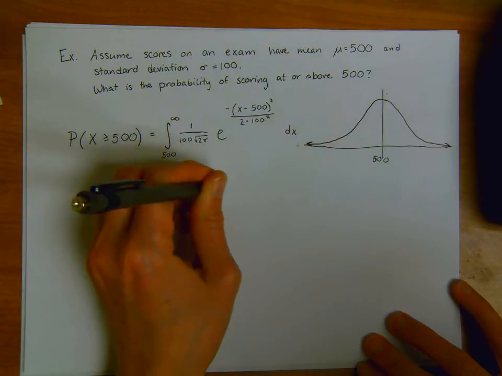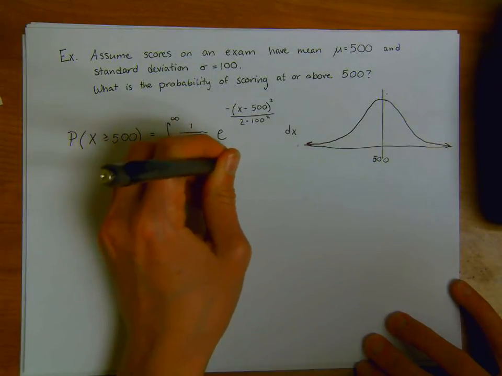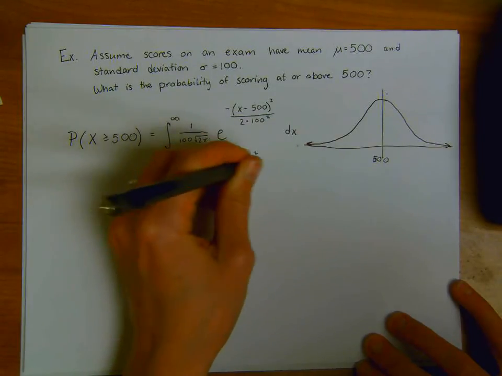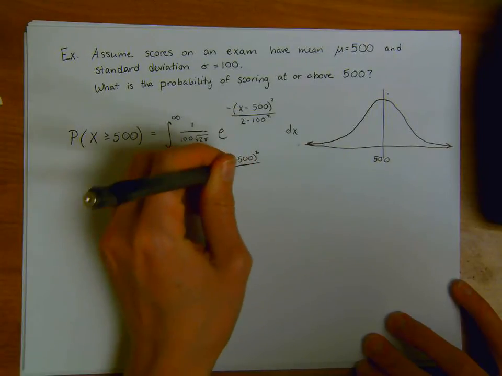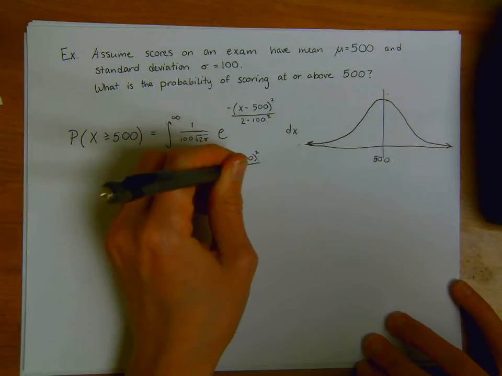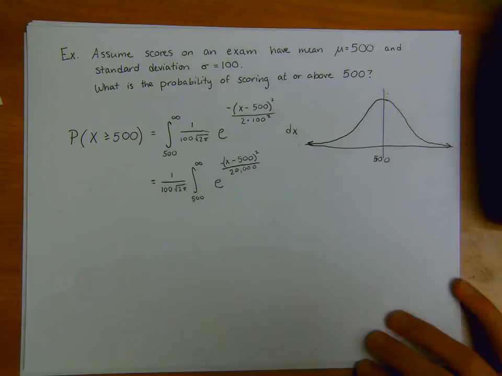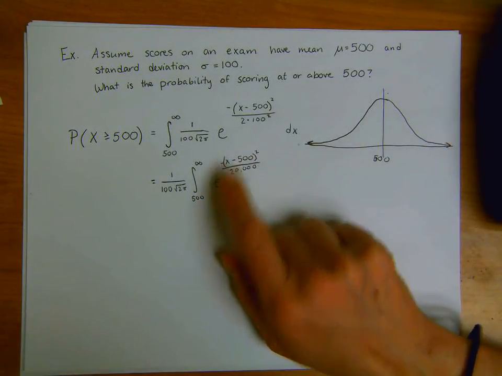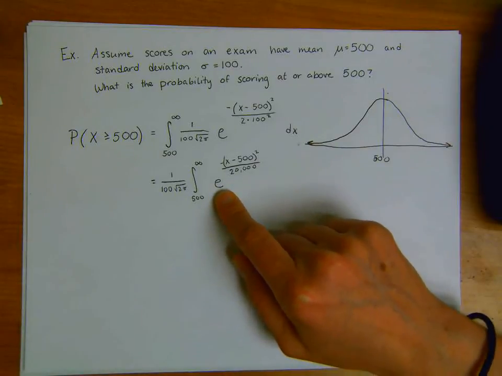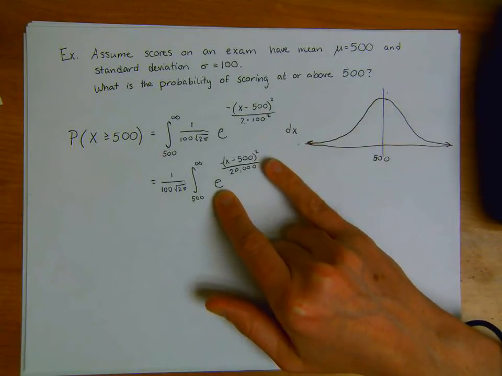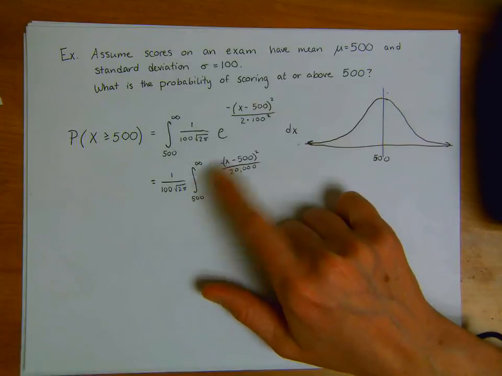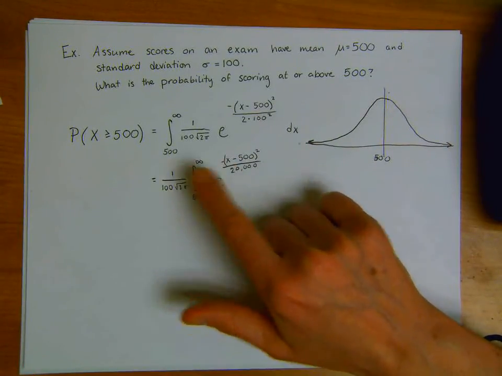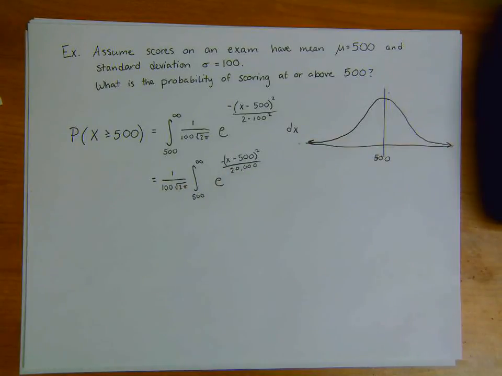One of the problems with this function is that it's not something that is of closed form. Let's see if I can come up with an antiderivative of this. I'm simplifying this slightly. 2 times 100 squared is 20,000. But I have an x squared in the numerator of this exponential function. And if I think about this, you can't do a u substitution because if u was this exponent, du would still have an x in it, and I don't have an x to work with.